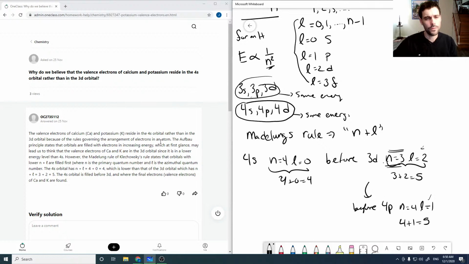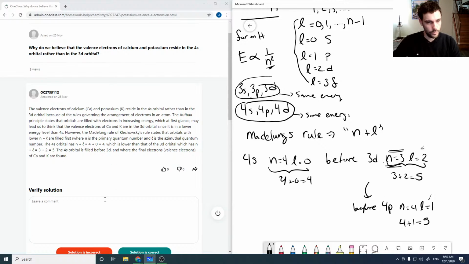Okay, so Madelung's rule: we fill by n plus l first, so 4s is 4, 3d is 5. Okay, so that looks good.